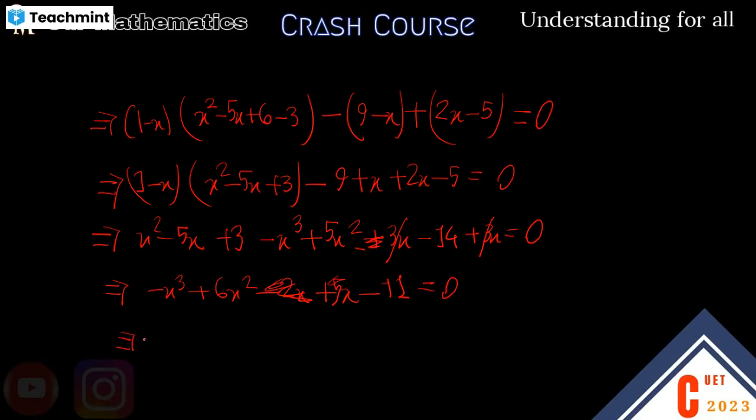This can be written as x cube minus 6x square minus 5x plus 11 is equal to 0.